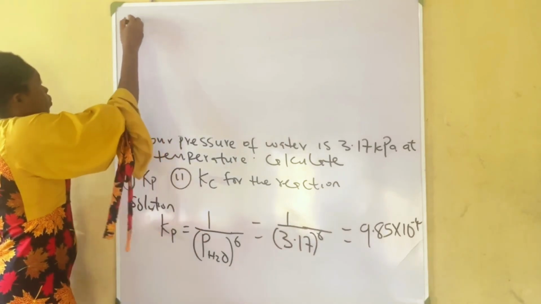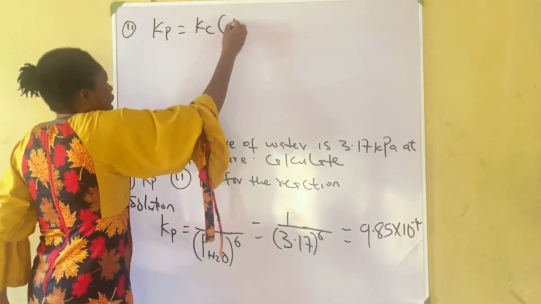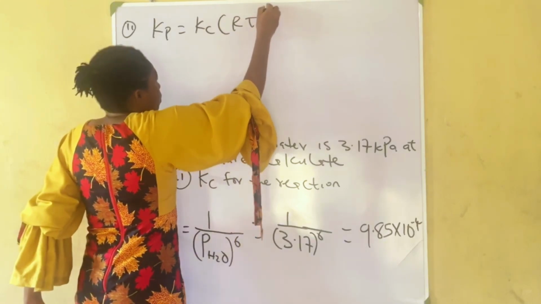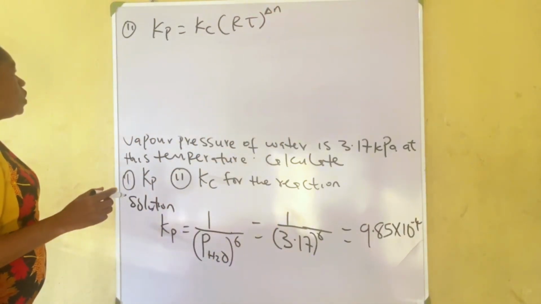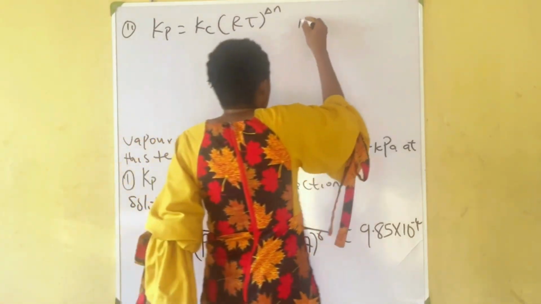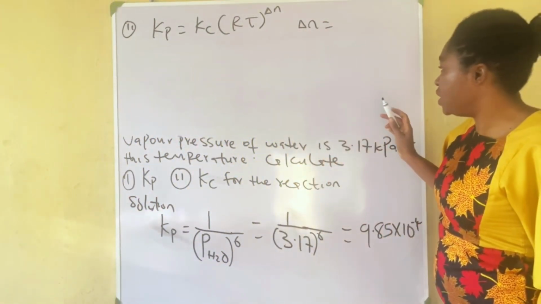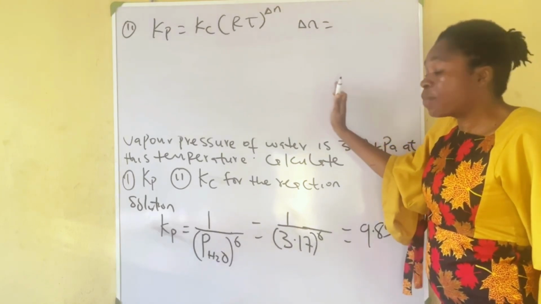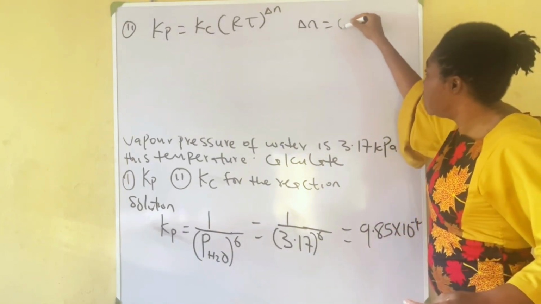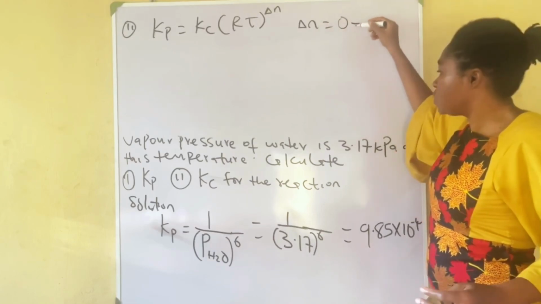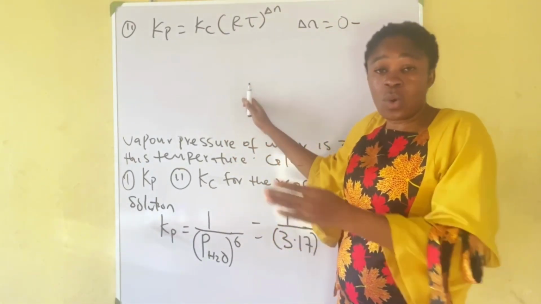Now question number 2. Kp equals Kc times RT raised to the power change in the number of moles. So what's the change in stoichiometric coefficient? The product is solid, so it counts as 0, minus the reactant side. They have 6 moles of water vapor.